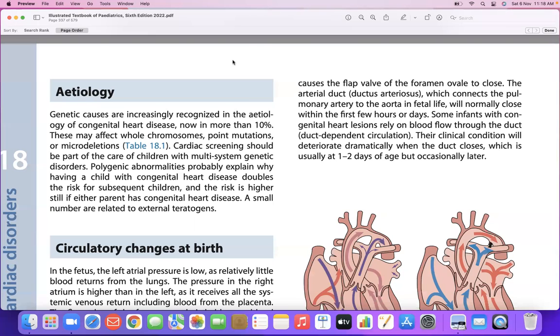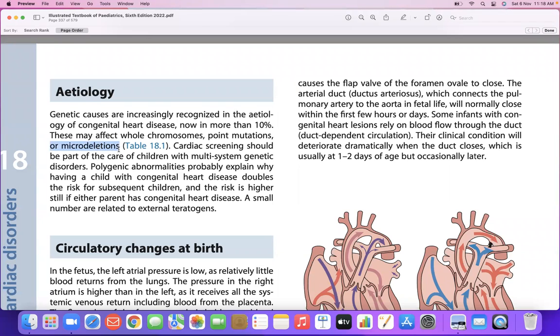How can they affect? For example, they may affect the whole chromosome, like we see in Down syndrome, where you have a whole extra chromosome. They may affect as point mutations, and as microdeletions.